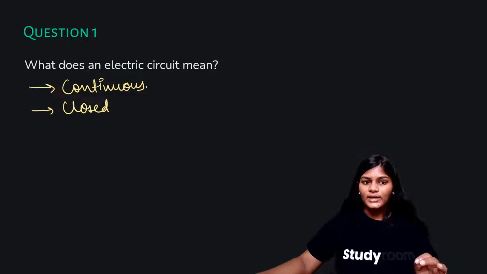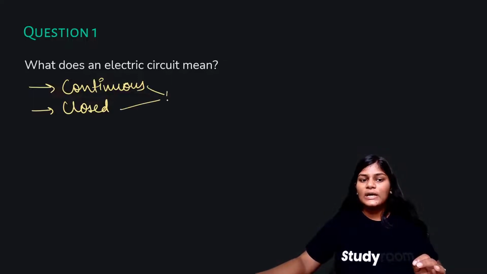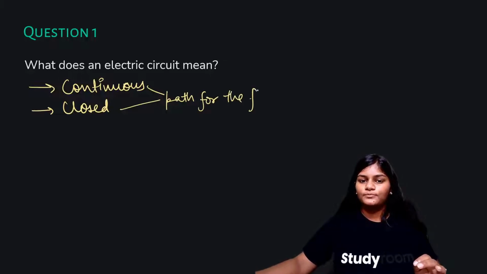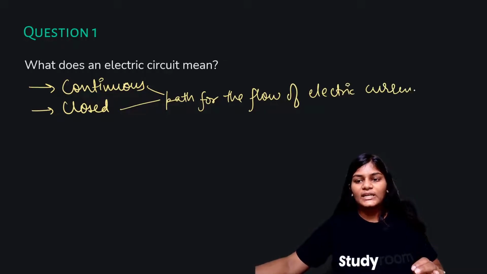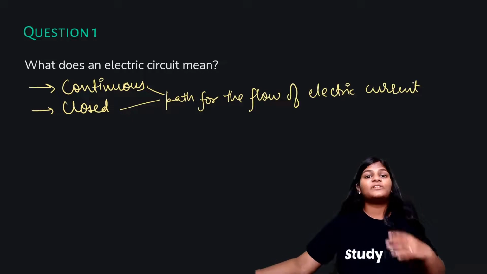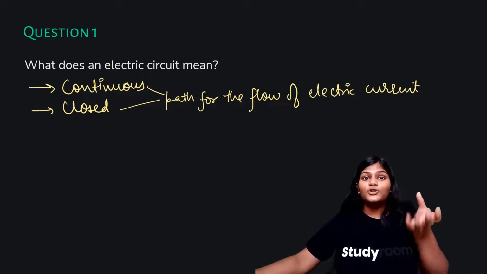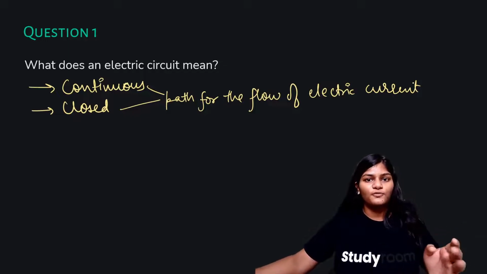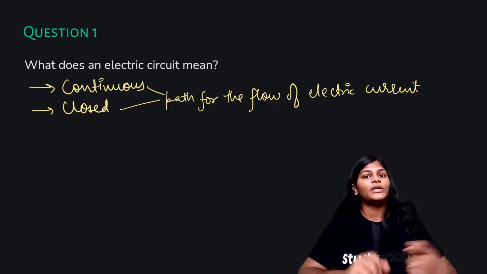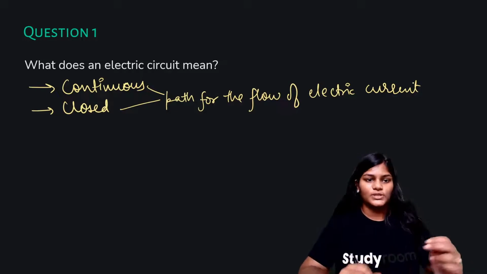So an electric circuit is a continuous and closed path for the flow of electric current. If there are any breaks in the circuit, if it's discontinuous or if it is not closed, say the switch is open, in both the cases current will not flow. So it's important for the circuit to be continuous as well as closed.